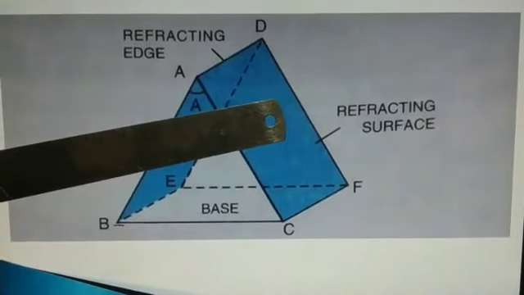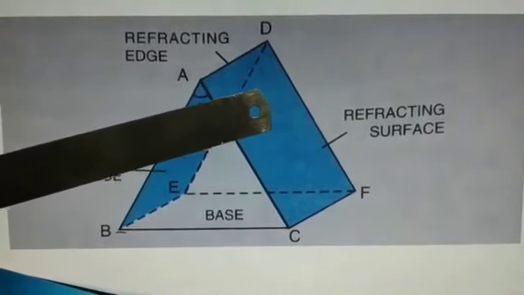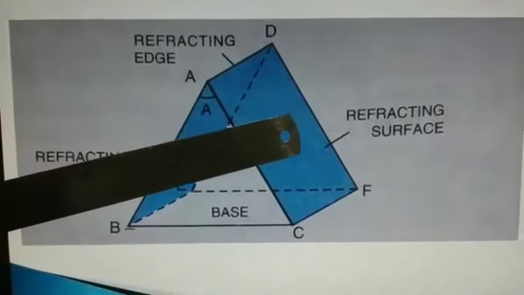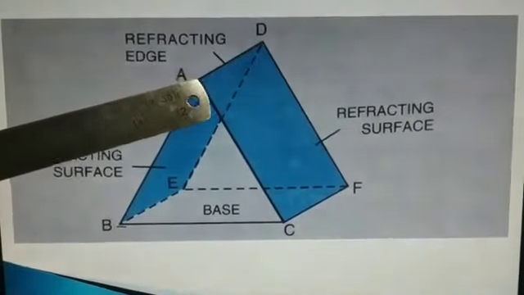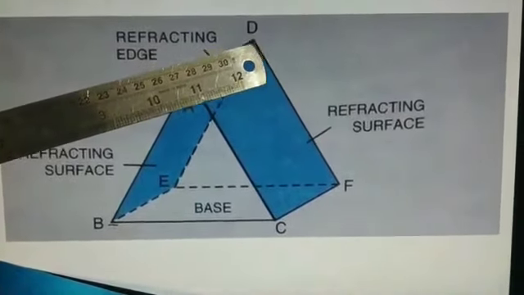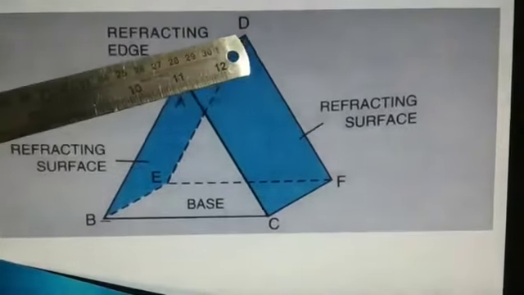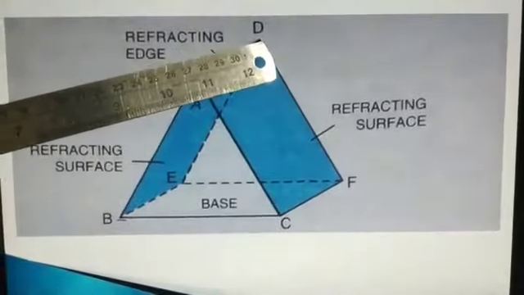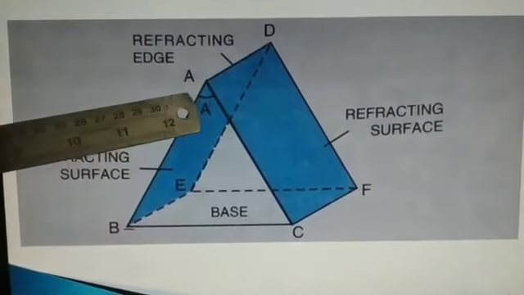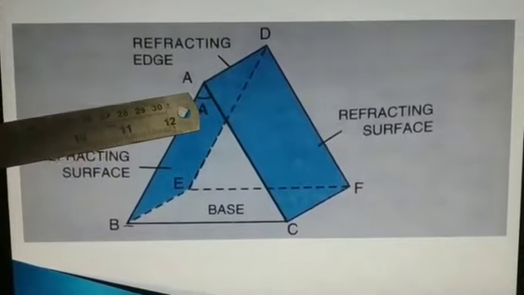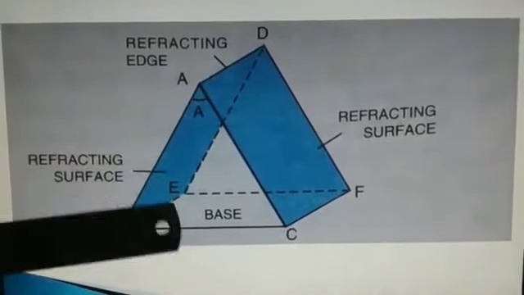In order to identify these refracting surfaces, a blue shade is given. These refracting surfaces together make an edge which is called the refracting edge, and the angle between these two refracting surfaces is called the angle of the prism.